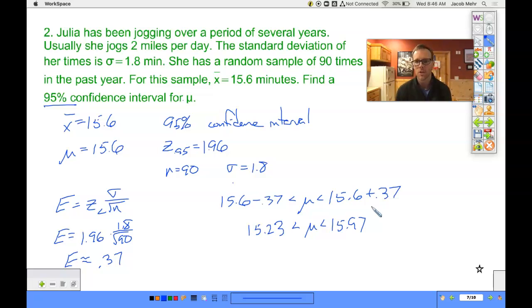So we need to finish this with a sentence. And this sentence is going to be a good, strong statement that we can make. We are 95% confident that the population mean of her times jogging is between 15.23 and 15.97 minutes. Okay, I'm going to type that out here so you don't have to watch me try to write that.